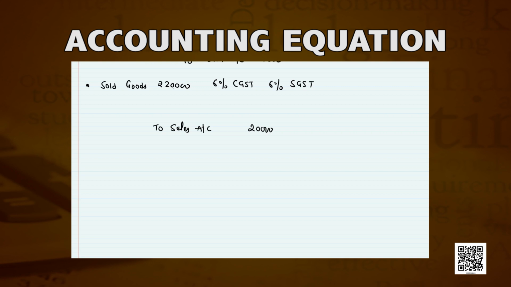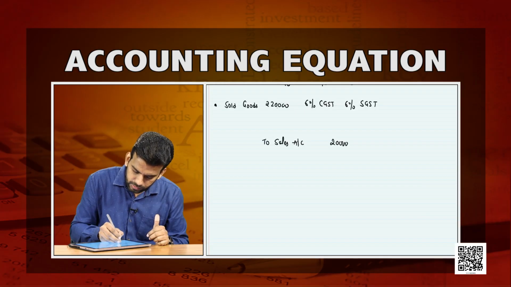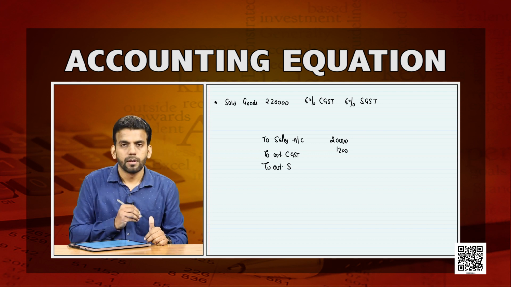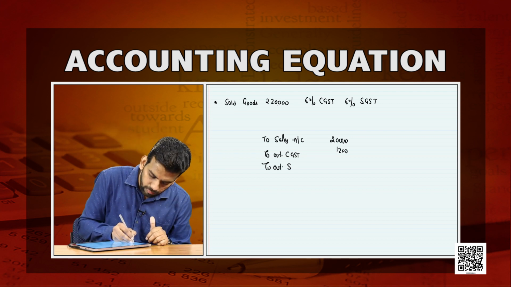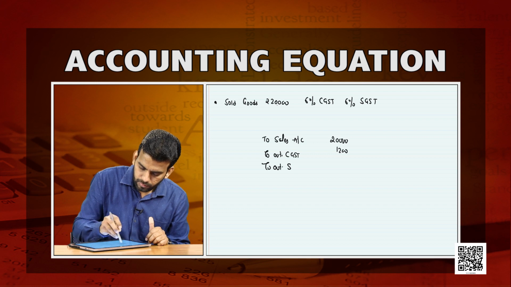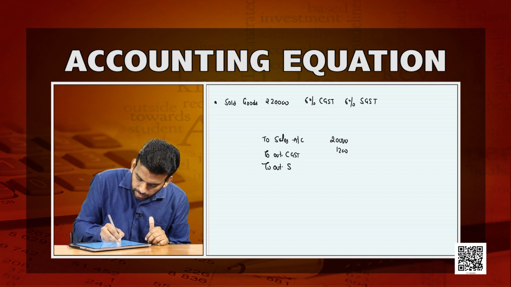Now, in the case of sales, we would be writing output CGST. 6% of 20,000 is 1,200, output CGST and output SGST, and combinedly cash account is debited by the amount 22,400.